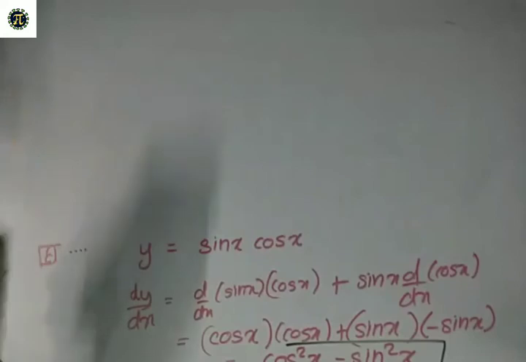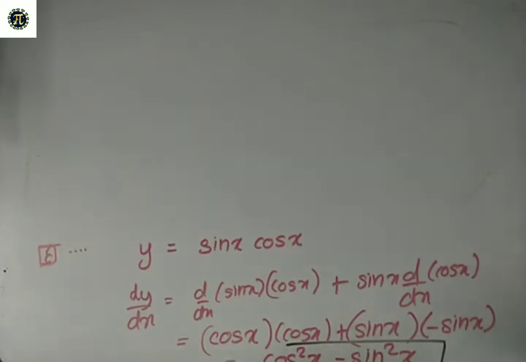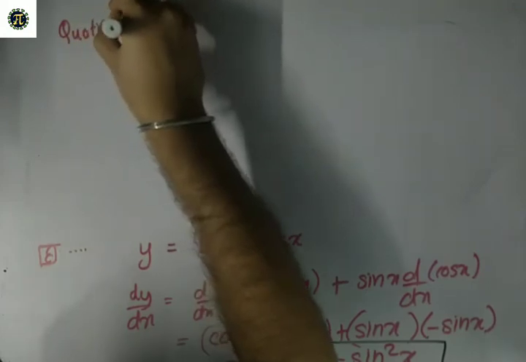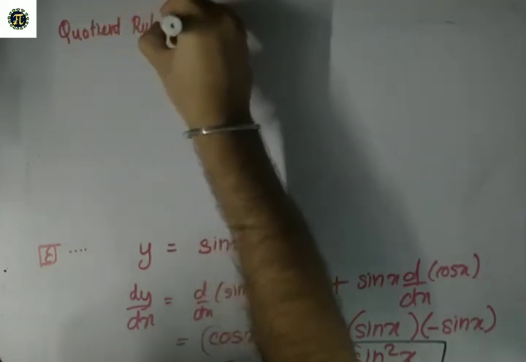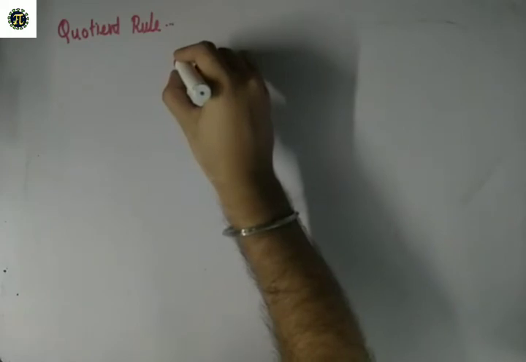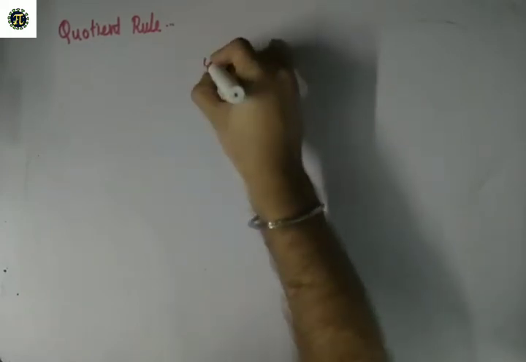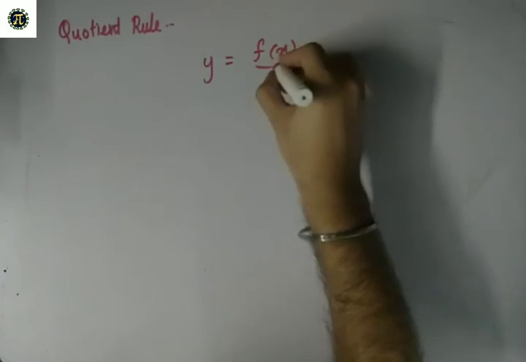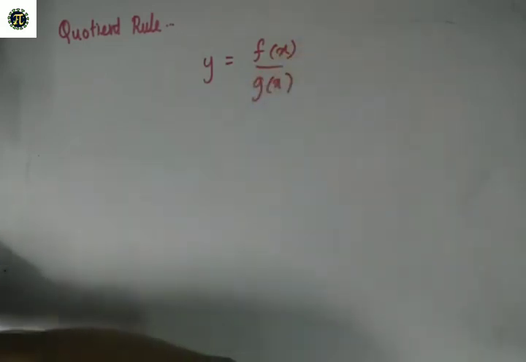Now let's move to the quotient rule. So last rule for this lecture, quotient rule. Well, this rule is very similar to the product rule. It almost looks the same, but there is some difference. If we have a function y is equal to fx divided by gx, so now two functions are being divided.